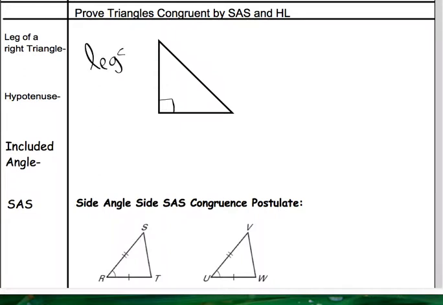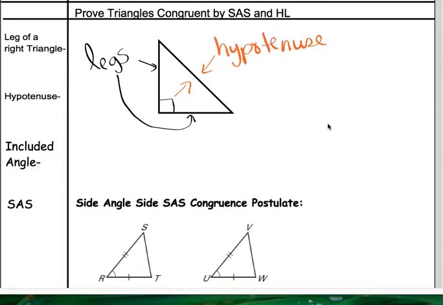So the legs are here and here. They always surround the right angle. And the hypotenuse is always across from the right angle. So this side is the hypotenuse. We should be pretty familiar with that from using the Pythagorean theorem so often in class.